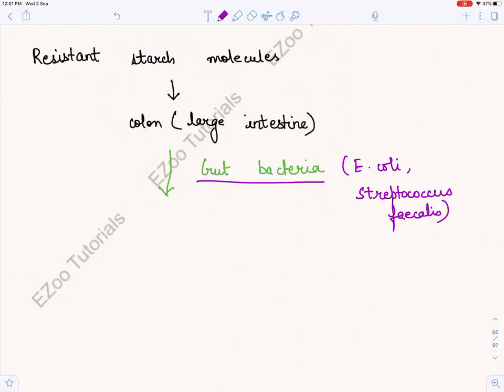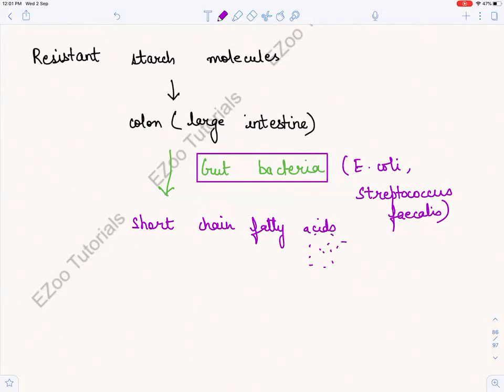What will these gut bacteria do? They will change it into short chain fatty acids, and these will subsequently be used by the body, right?